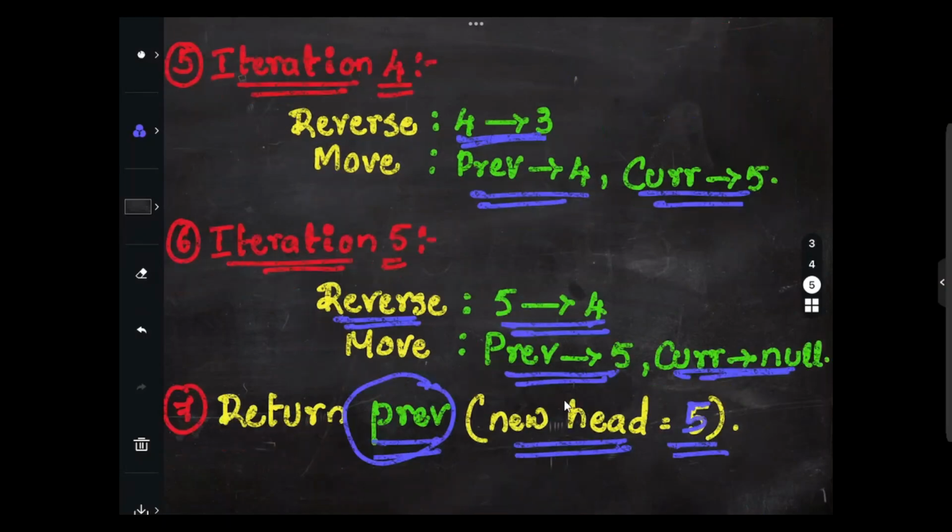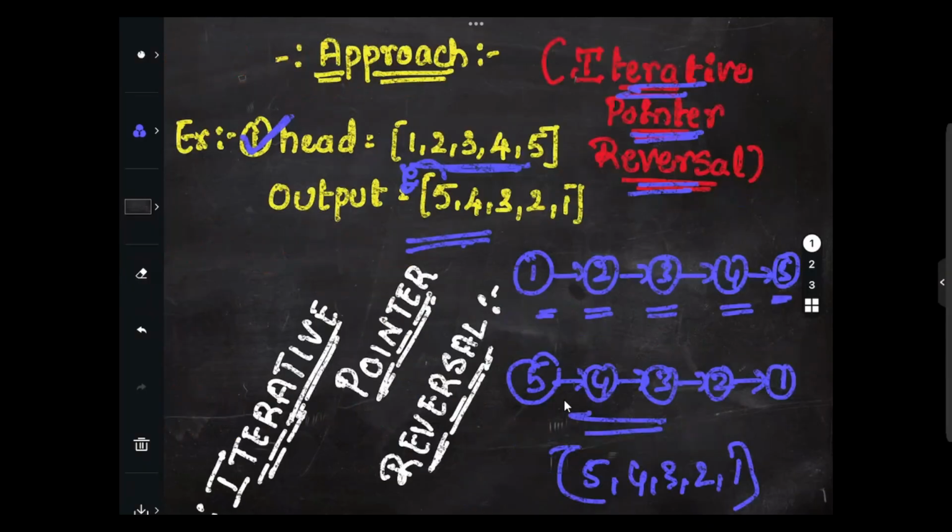These are the steps. Now we have 5 4 3 2 1. We have successfully reversed the linked list. This is equivalent to the output that they have given for example 1. So the approach works absolutely correct in this case.